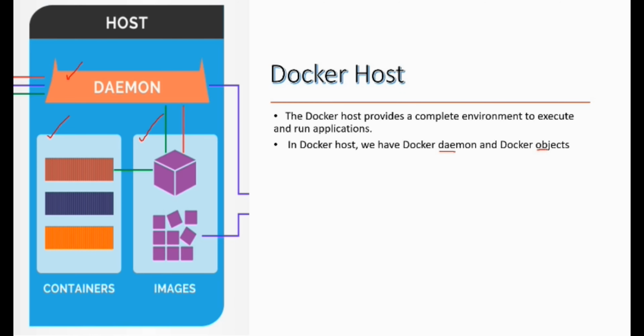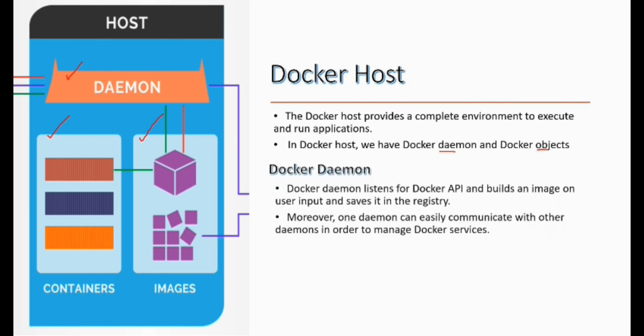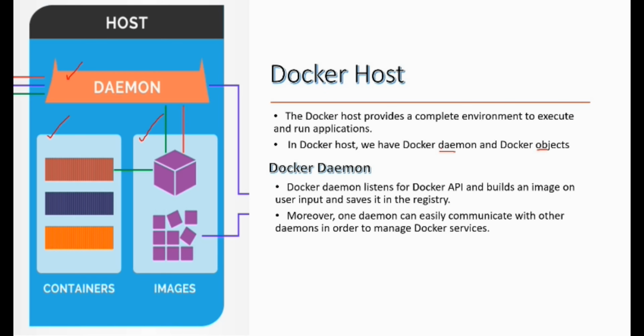Okay, now coming to the next point, we have the Docker daemon. The role of the Docker daemon is to listen for Docker API requests such as docker build, docker push, docker run. All of these requests are listened to by the Docker daemon, and eventually it builds an image out of it using the user inputs, and then it saves it into the Docker registry, which is Docker Hub or any registry.